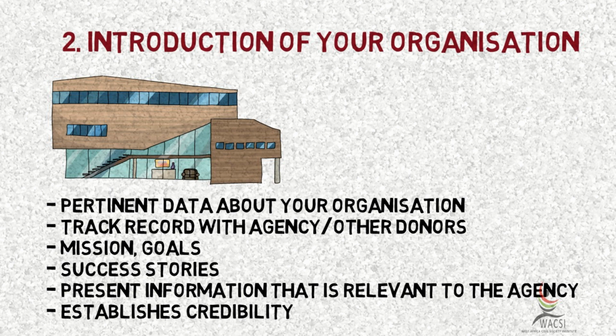And this aspect of the proposal helps to establish your legitimacy and your credibility. This is a very important aspect of your proposal because it brings into sharp focus your track record and your capacity to deliver on the various aspects of the proposal.